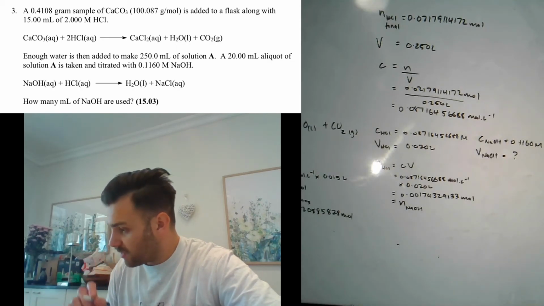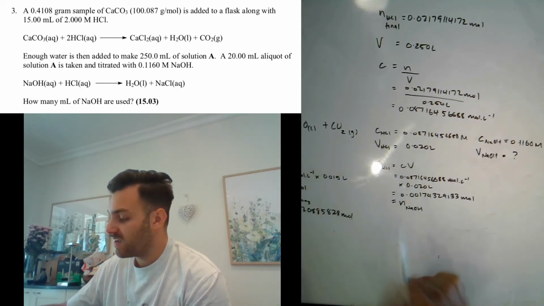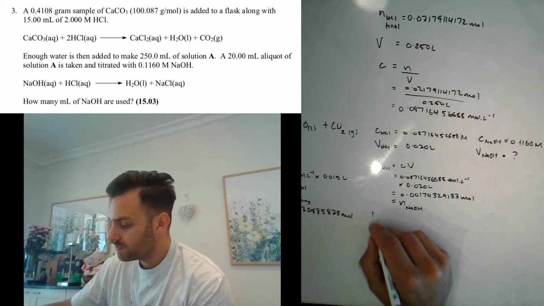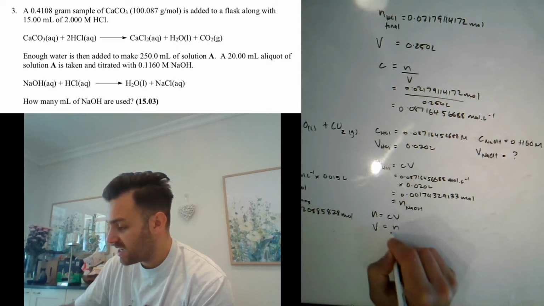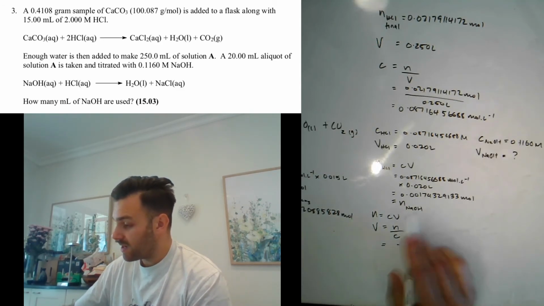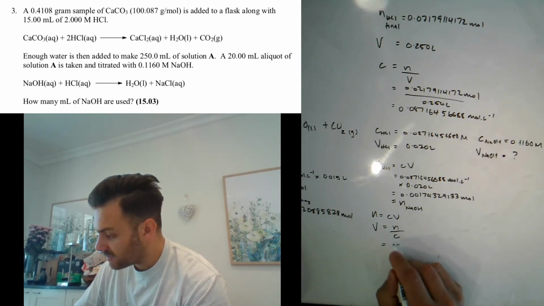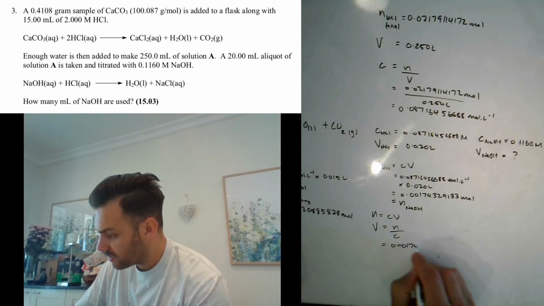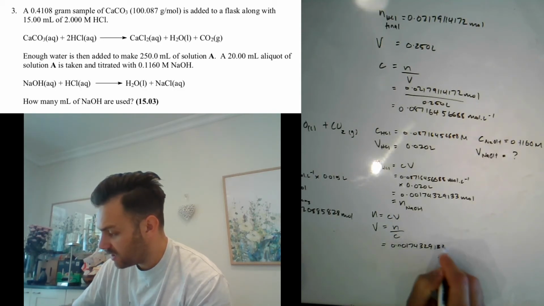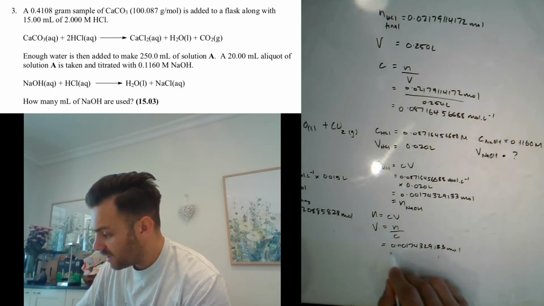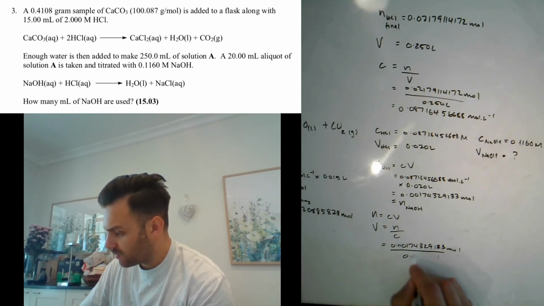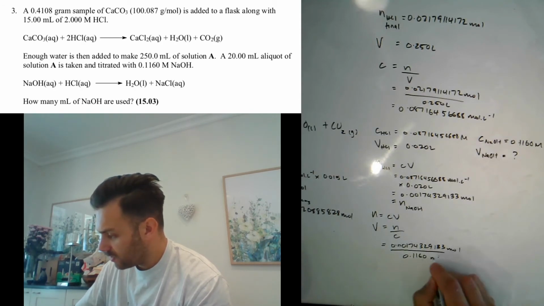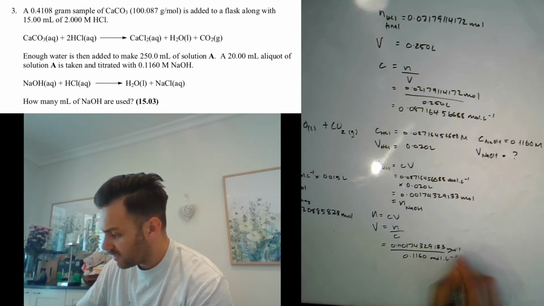So the volume of sodium hydroxide, well, if N equals CV, that means that V equals N on C, which is our N that we have on our calculator right now, 0.00174329133 moles, divided by our concentration, which is 0.1160 moles per liter. Look at that, you end up with liters.